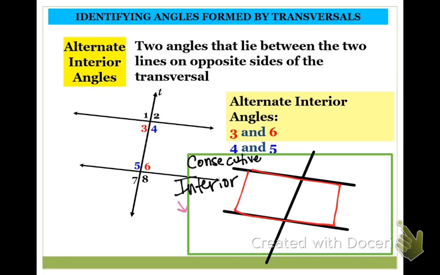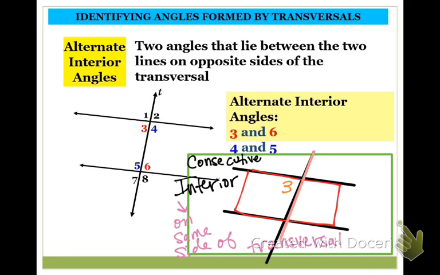So if you want to write that down, on the same side of our transversal. Again, what is the transversal in this picture? The vertical line. Here, that's your transversal. So we're talking about the angles that are on the same side, inside of this box, and on the same side of this transversal.